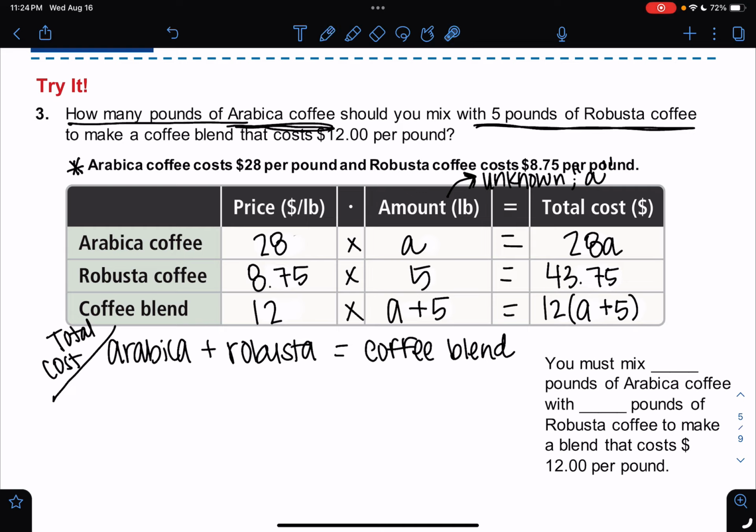We know the total cost of all of them because we wrote that in a whole column over there. Let's put them in their place.